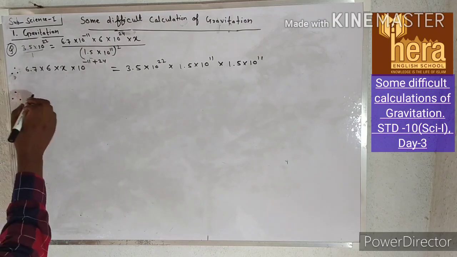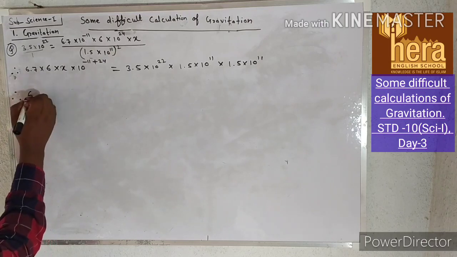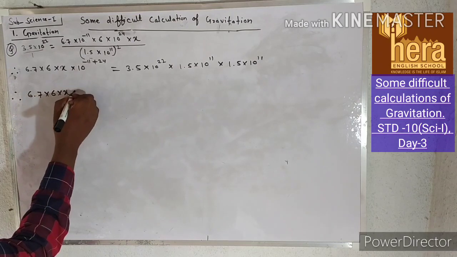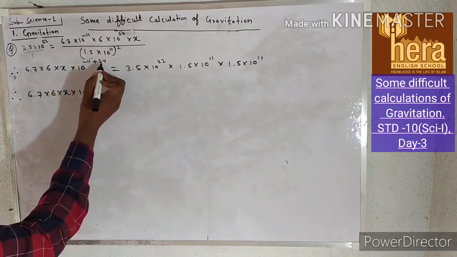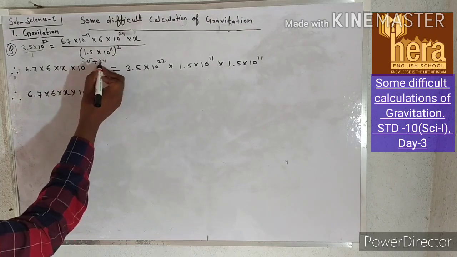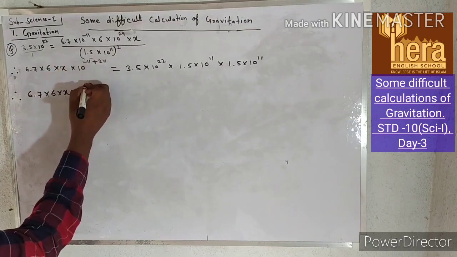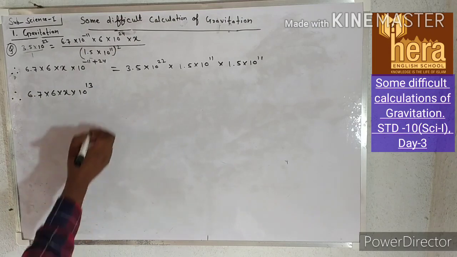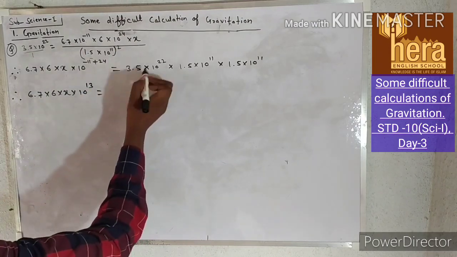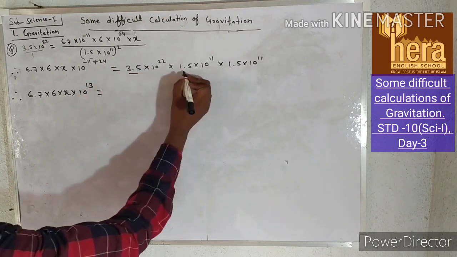So therefore, this will be equal to 6.7 into 6 into x into 10 raised to 24 minus 11. That will be equal to 4 minus 1, 3, 2 minus 1, 1, 13. Write the number at one place.